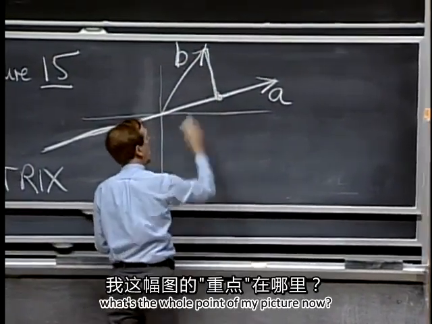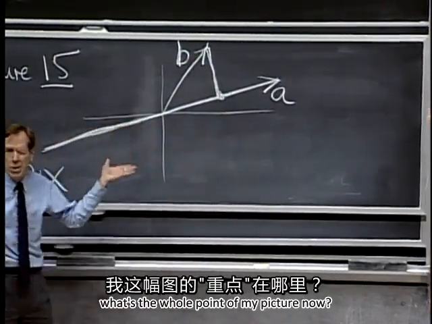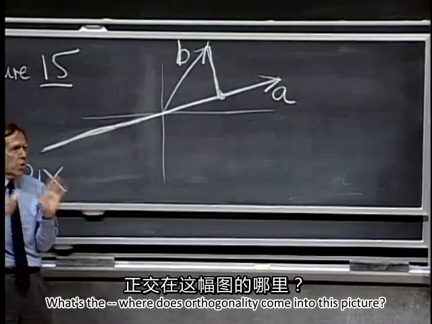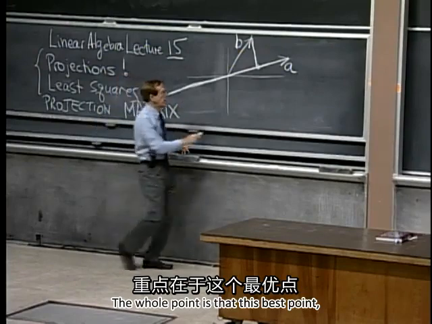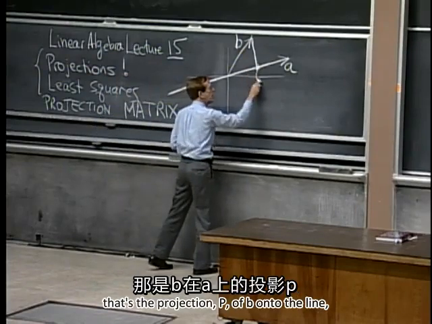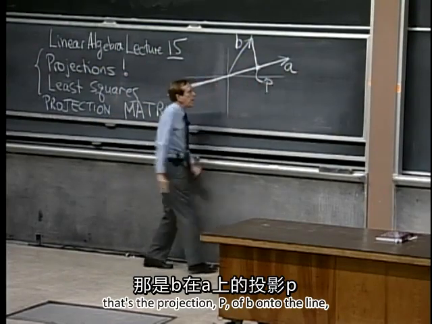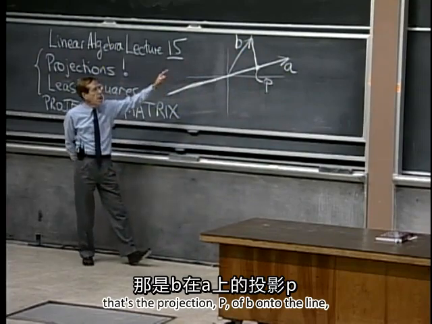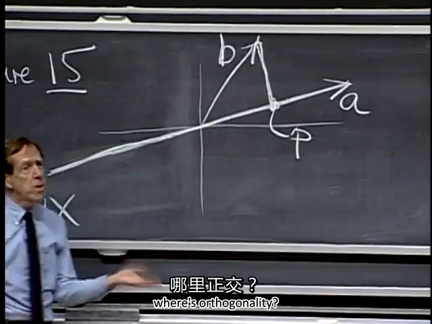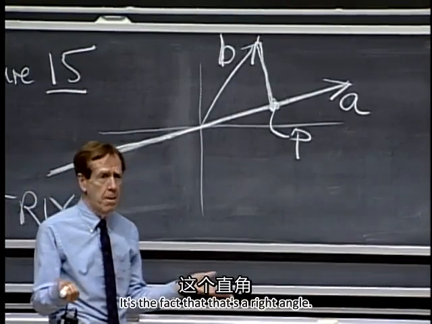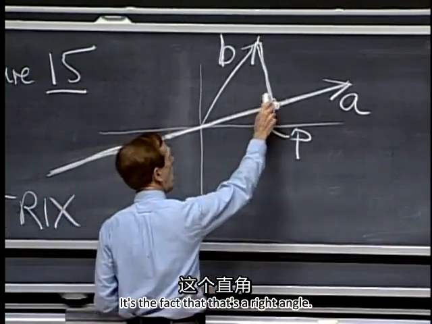And what's the whole point of my picture now? Where does orthogonality come into this picture? The whole point is that this best point, that's the projection, P, of B onto the line. Where's orthogonality? It's the fact that that's a right angle.